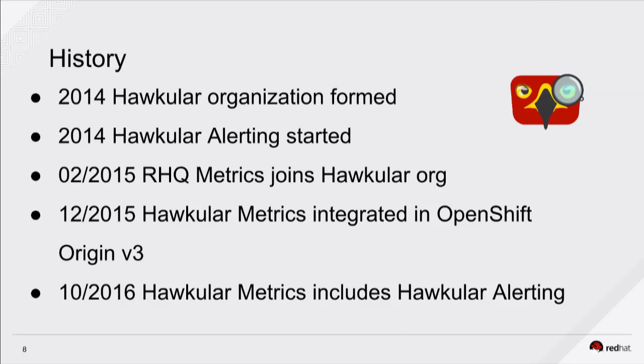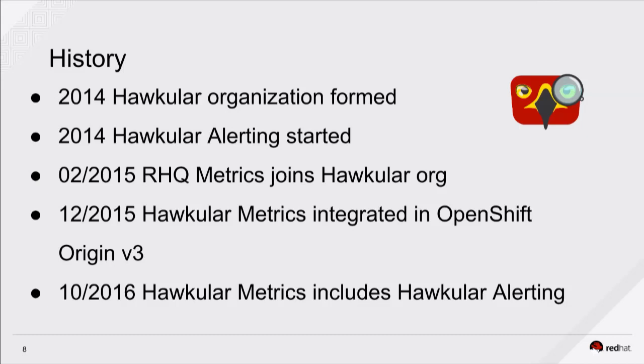And here is a very critical point in the history of Hawkular Metrics. In 2015, we got integrated with OpenShift Origin. So when you use OpenShift Origin and soon online, you will hit Hawkular Metrics. So if you have questions about the scale, it's in production, has been in production for a few years in heavy loads.